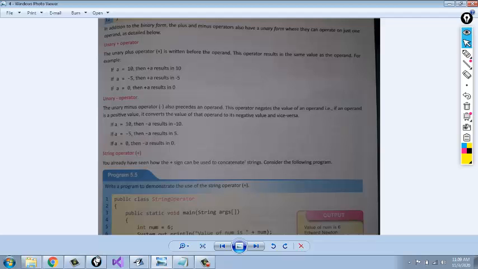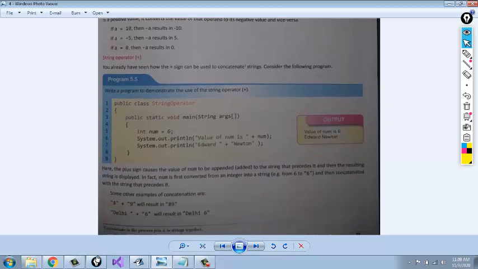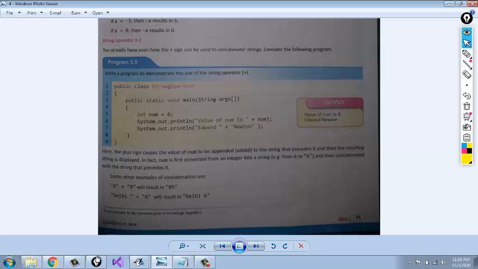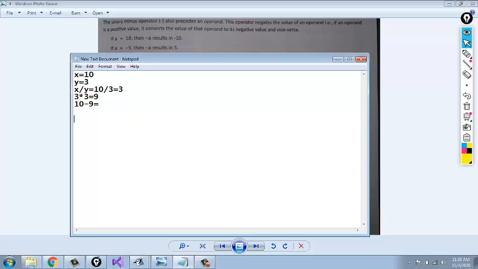Then another important operator is the string plus operator. The string plus operator can be used to concatenate strings. What do you mean by concatenate? Concatenate means adding two strings together. Concatenation is the process of joining two strings together, which means if there are two strings, suppose this is the string hello, and welcome, isn't it?